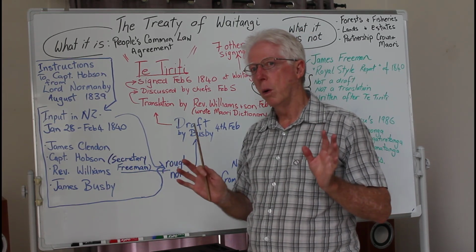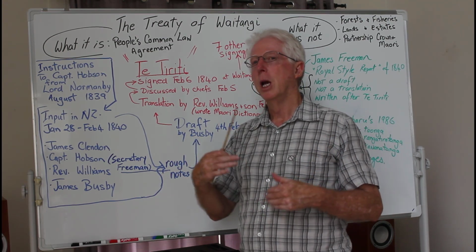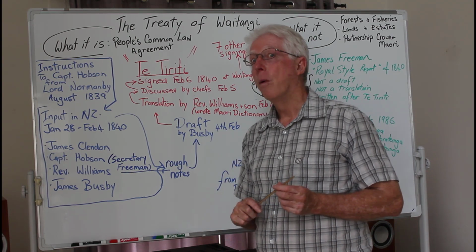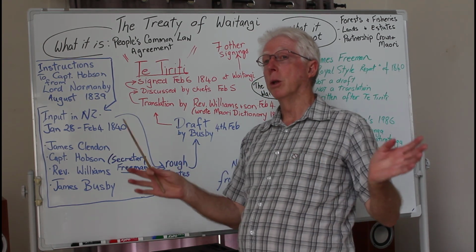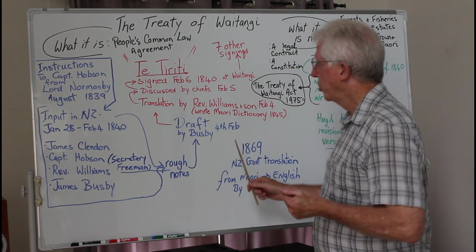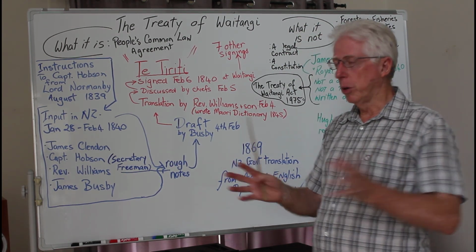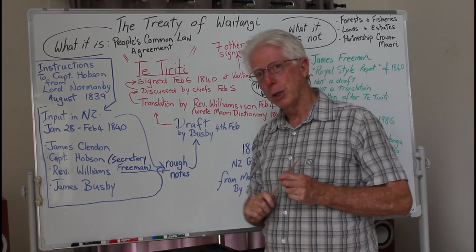Clendon was very well versed in Maori affairs, and so were Williams, having had long residence here, very deeply steeped in the local traditions and understanding. So Busby's draft of the 4th of February brought together the simple but essential points of the treaty.